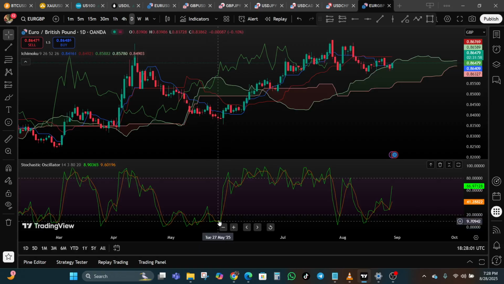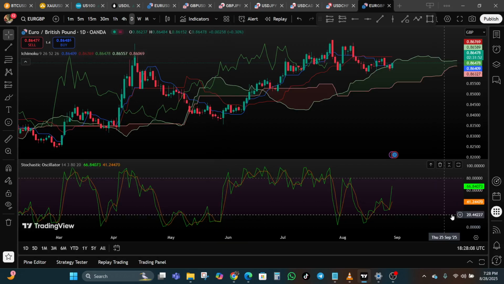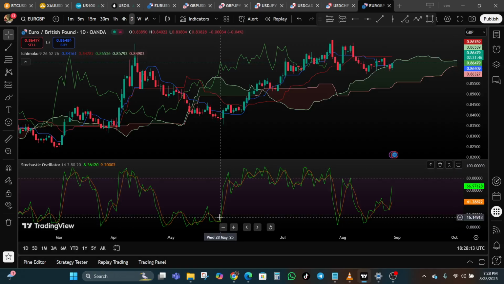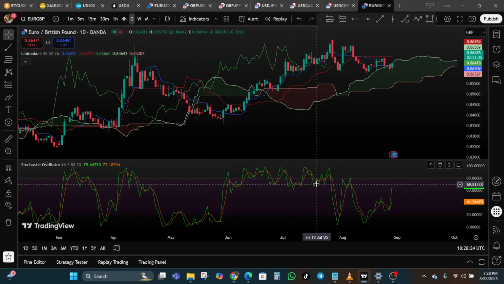So when the stochastic line crosses above the signal line in oversold territory, oversold 20 and below, overbought 80 and above, right? When the stochastic line crosses above the signal line in the oversold territory, it hints at a potential bullish reversal. Okay. Conversely, when you have a cross below the signal line in overbought territory, it hints at a bearish reversal.